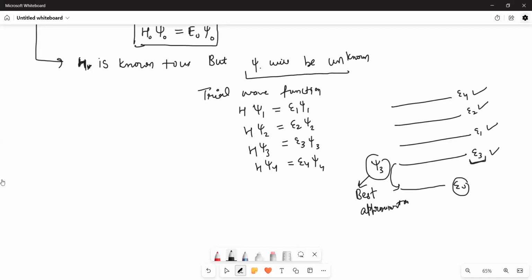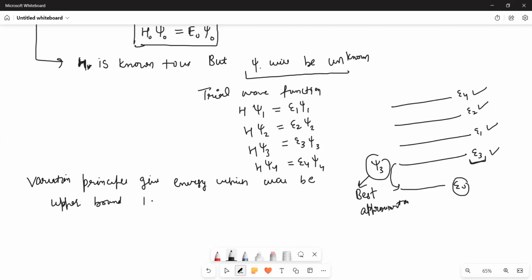Variation principle gives energy which will be upper bound to the ground state true energy value.